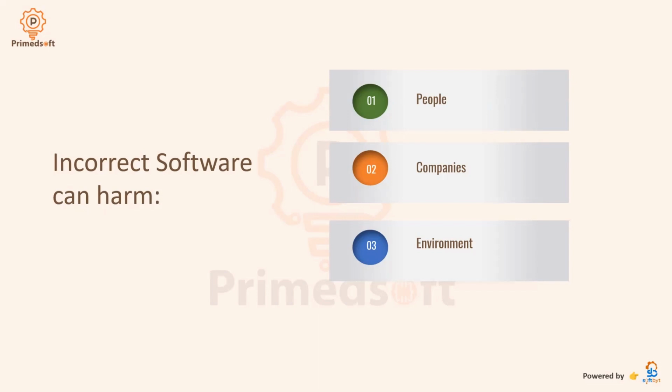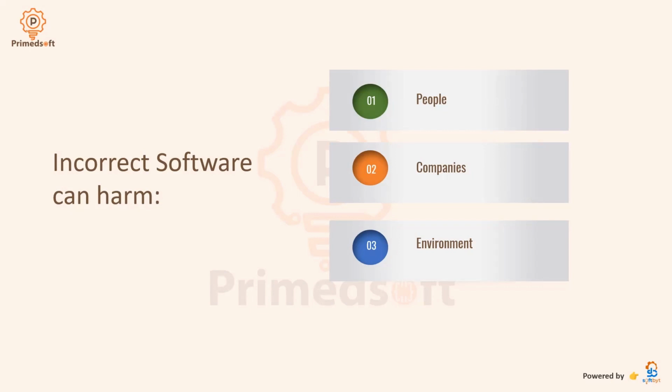It can also cause harm to companies. It can cause incorrect billing. Let's say, for example, a billing company: instead of billing the right amount, their software is not good. Instead of billing £100, they are billing £10, so the company is losing money. Or, for example, it's causing a higher amount.